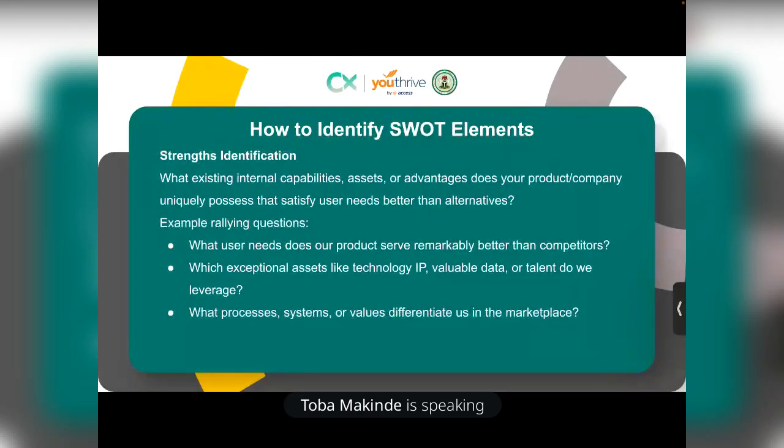What exceptional assets, like technology, IP, valuable data, talent, do we leverage? What processes, systems, value differentiates us in our marketplace? These are the questions that you ask when identifying the elements for your strengths.